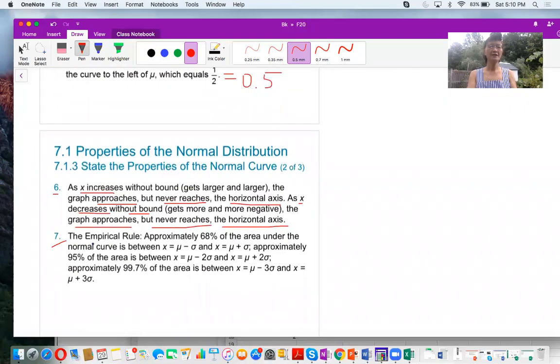Number 7, the empirical rule. Approximately 68% of the area under the normal curve is within 1 standard deviation. Approximately 95% of the area is within 2 standard deviations. Approximately 99.7% of the area is within 3 standard deviations.